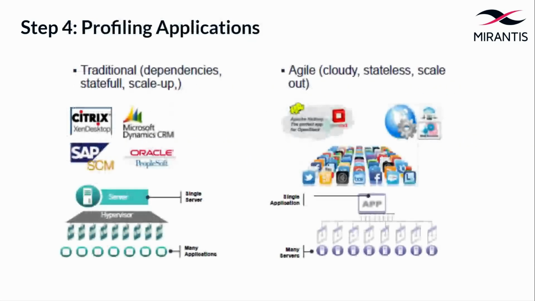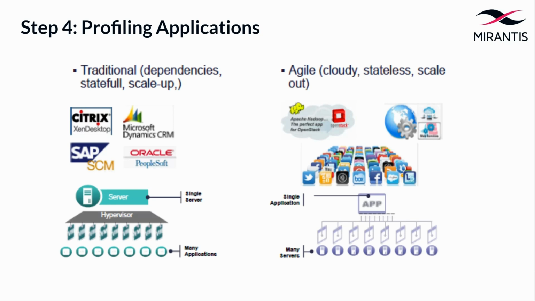Okay, we talked about how you do an inventory. And this is sort of a way of profiling that I thought comes pretty close to helping you decide how to move things and whether you can do lift and shift or whether you have to re-architect. How many of the things in your world are traditional stateful applications that have dependencies, and those fall into the Oracle, PeopleSoft, SAP, whether they're doing VDI or CRM or things like that.